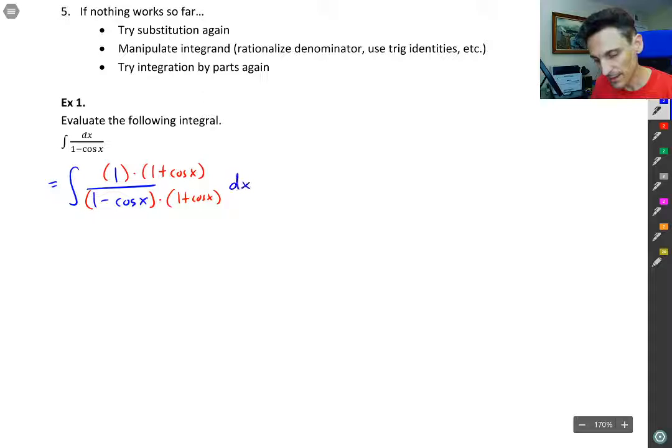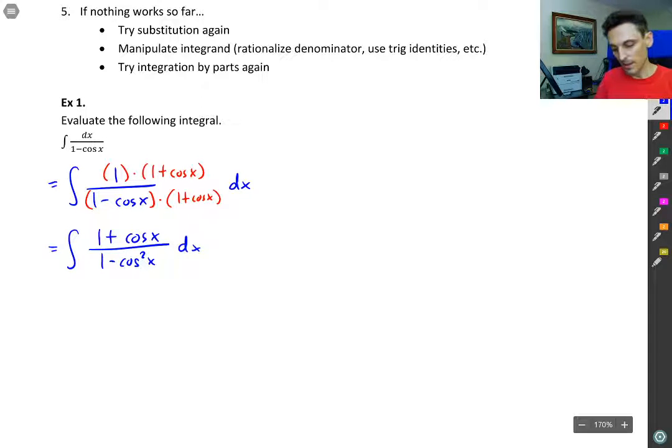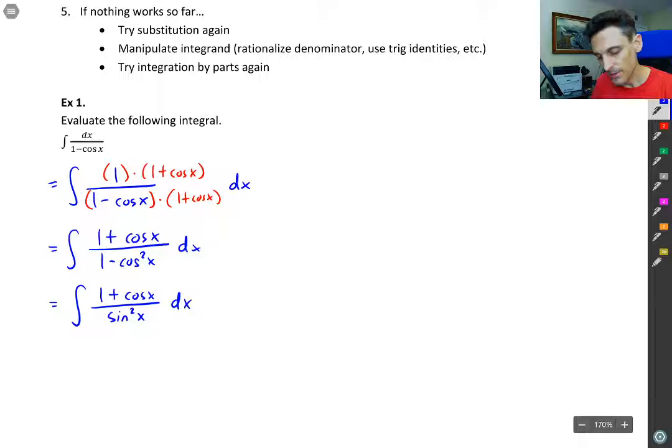Let's not forget our dx. So we have 1 plus cosine x on the top. On the bottom we have 1 minus cosine squared x. And now we can rewrite 1 minus cosine squared x as sine squared x.